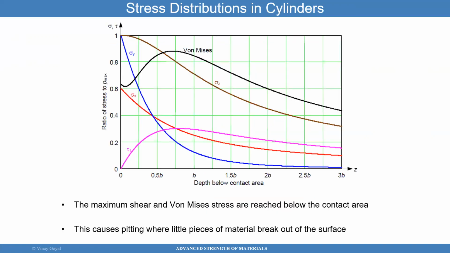Now I can plot the von Mises distribution, and what you see here is that the highest von Mises stress occurs deeper into the material, and also the shear stress is deeper into the material. Therefore, the failure is likely to initiate just below the contact surface, not at the surface.